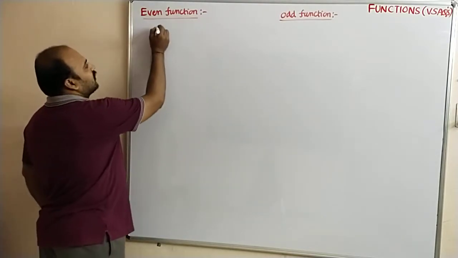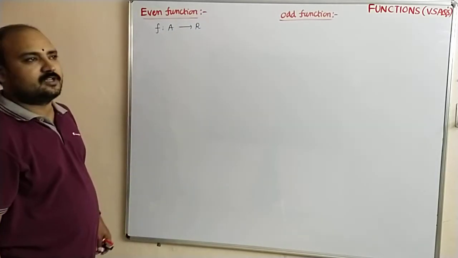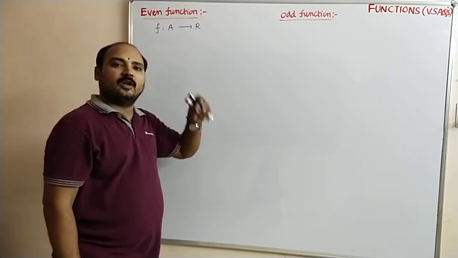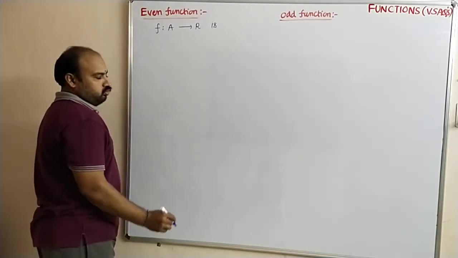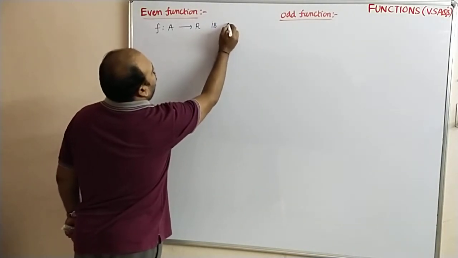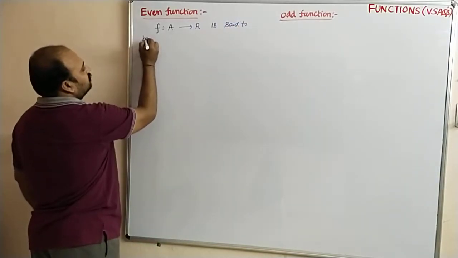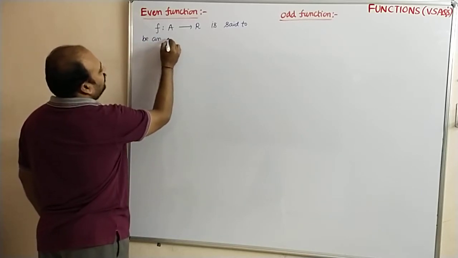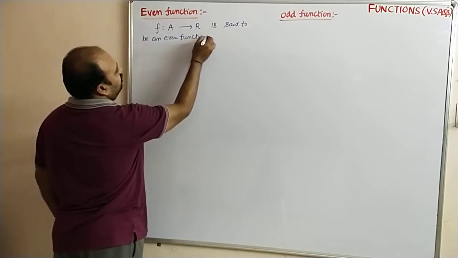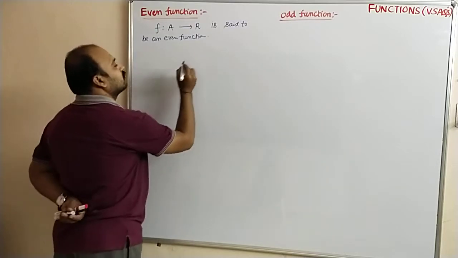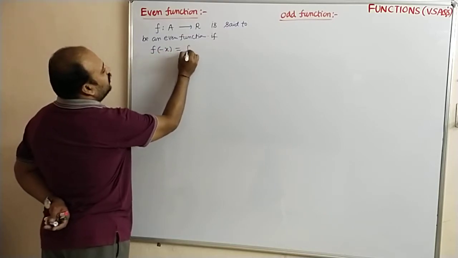See here, let f from A to R, where A is a non-empty set, defining from A to real numbers, is said to be an even function if f of minus x is equal to f of x.